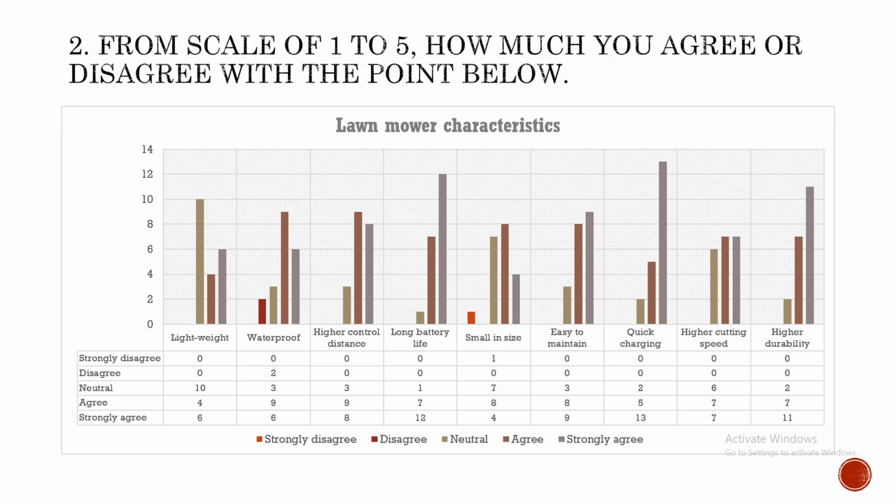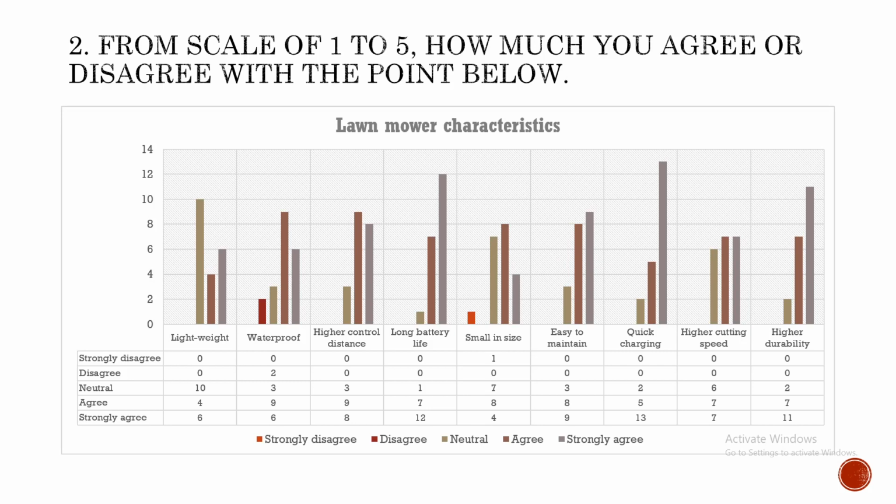For higher cutting speed, the majority vote was evenly split between 7 respondents for agree and another 7 for strongly agree, while the rest were neutral about it. For higher durability, once again, pretty much everyone agrees and strongly agrees with this aspect.